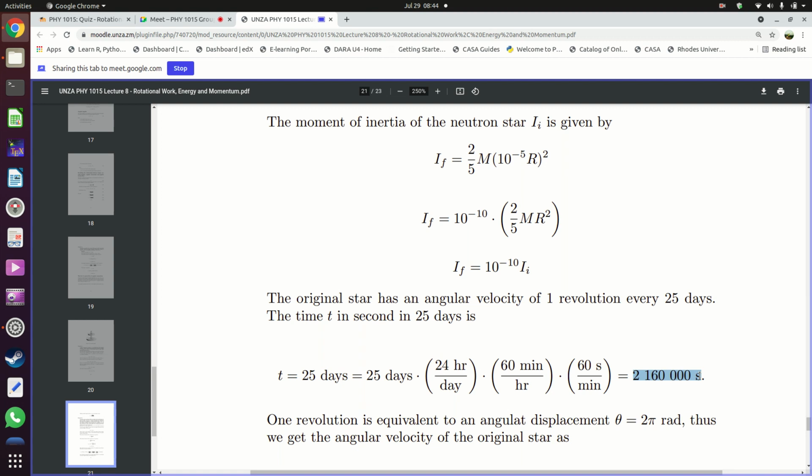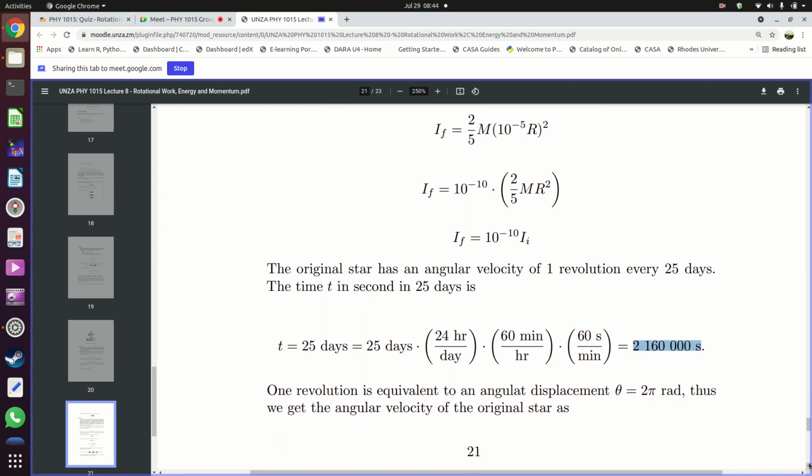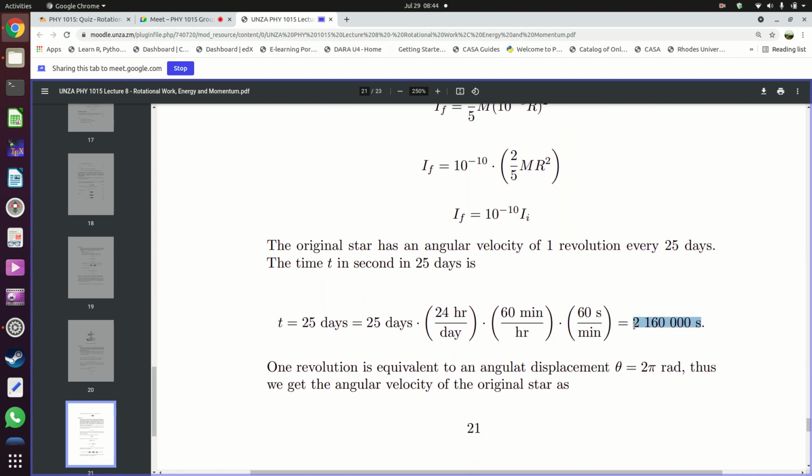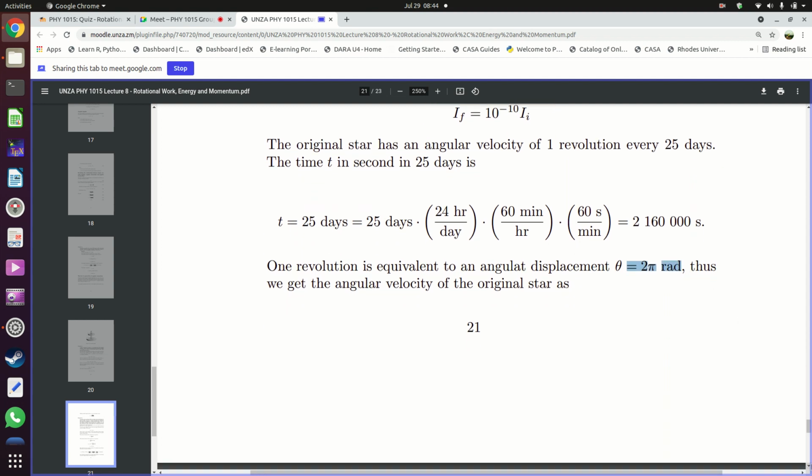Yes, sir. That is how you make the conversion from days to seconds. Since this is how much time has passed, and we know 1 revolution is equal to 2 pi radians, we can find out what omega_i is, the original angular velocity of our star.